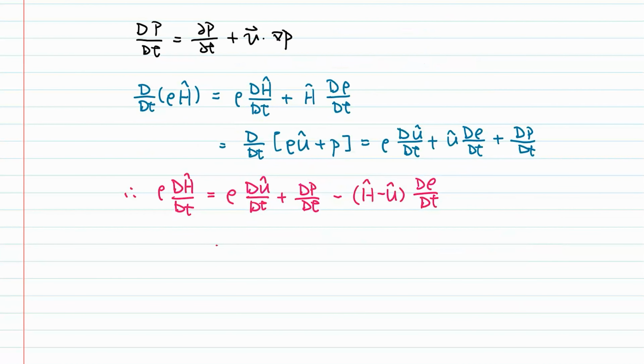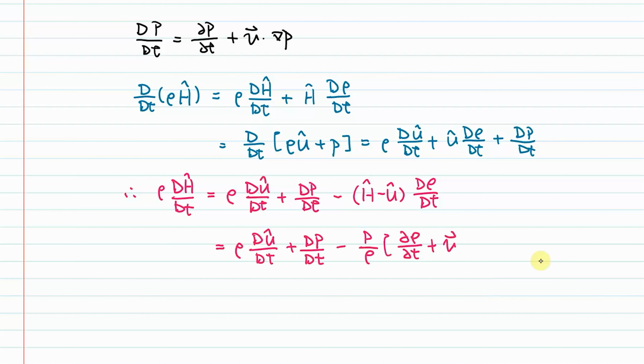So this equals now to what? To rho Du/Dt plus Dp/Dt minus p over rho times (partial rho partial t plus v gradient of rho).